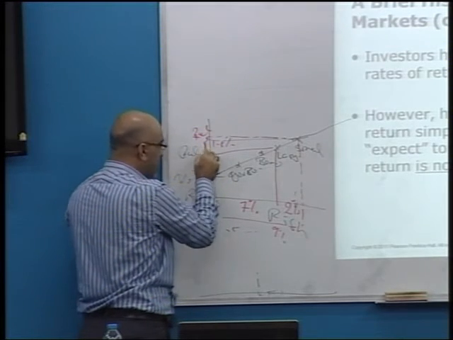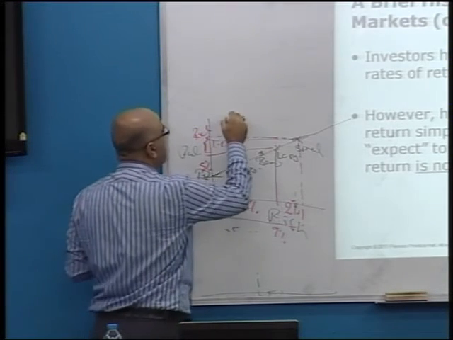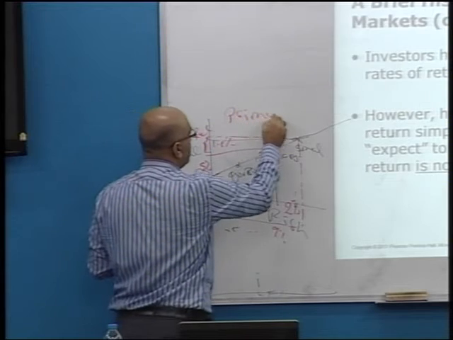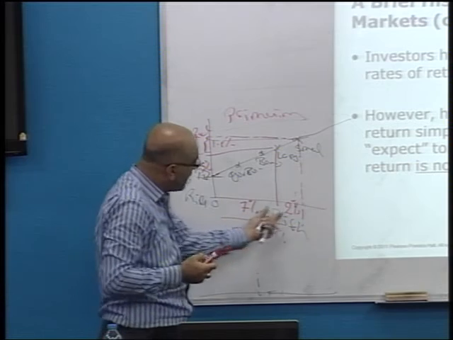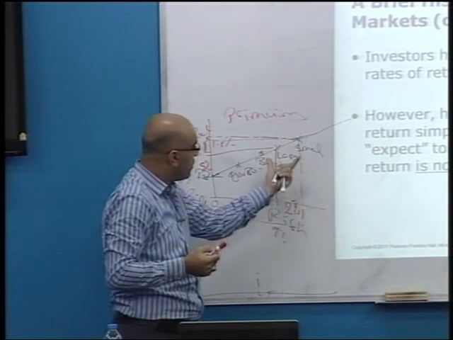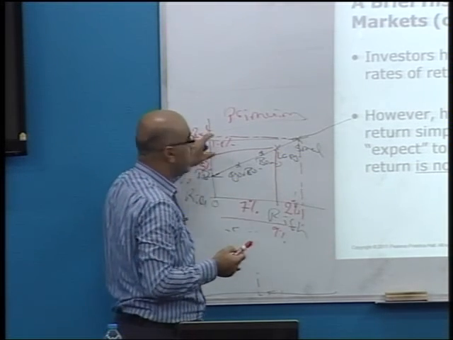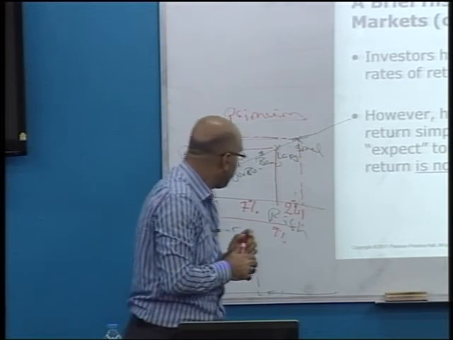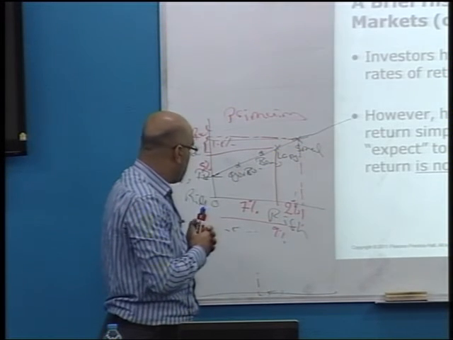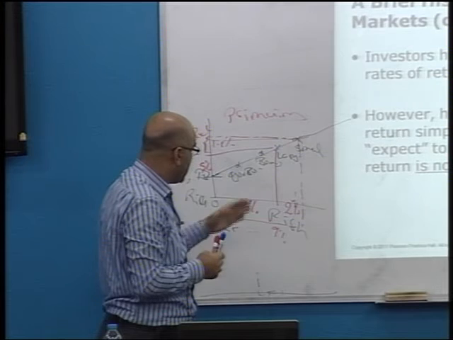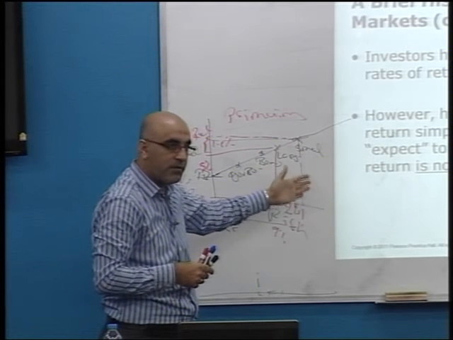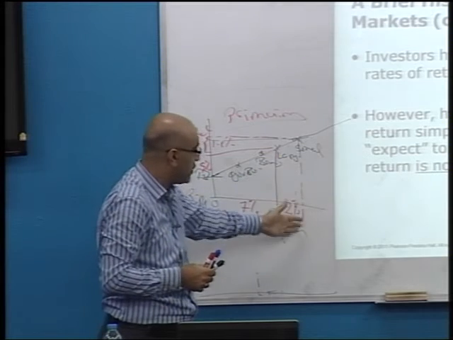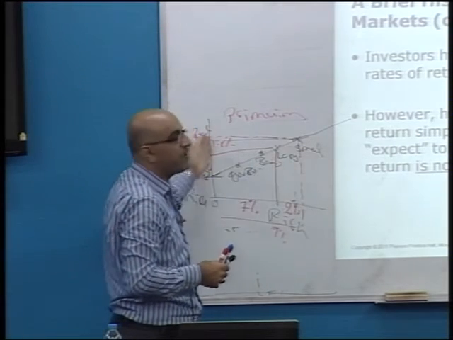So this difference is known as premium. Because I hold higher risk, the market compensates me with the higher return. Okay? What I want you to understand is that investors holding higher risk securities seek higher return.